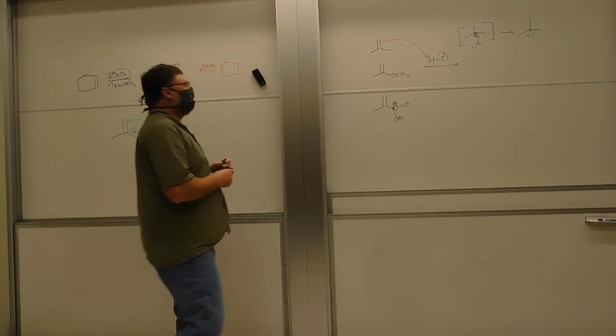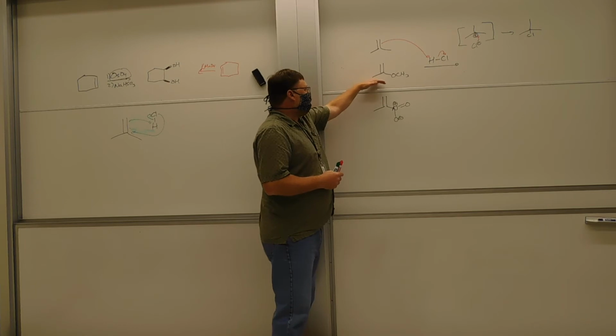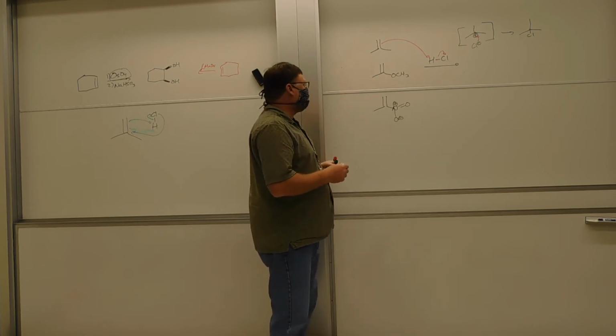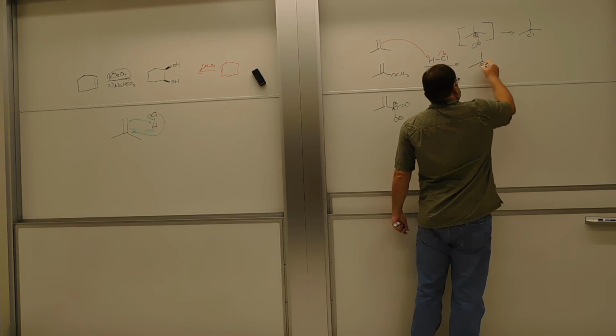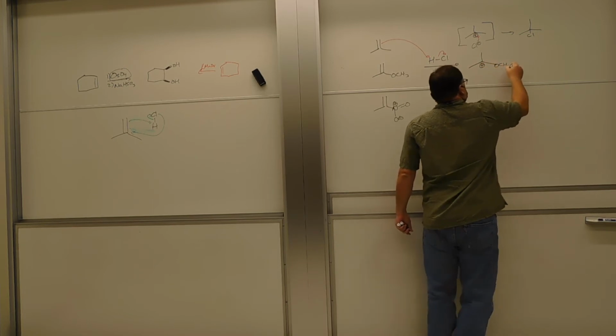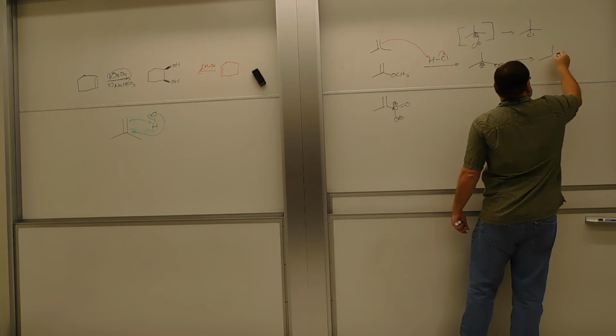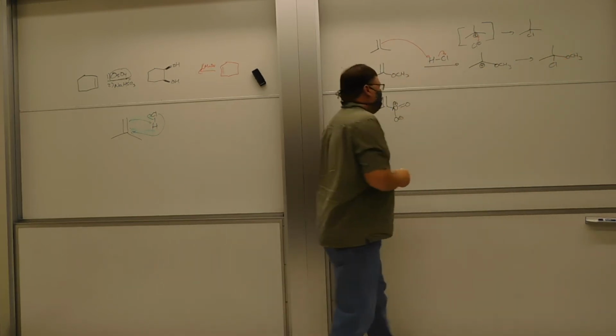Okay, so if you put the chloride on the more substituted carbon, I'm not going to draw the mechanism, I'll just draw the intermediate. All right, so you get that.